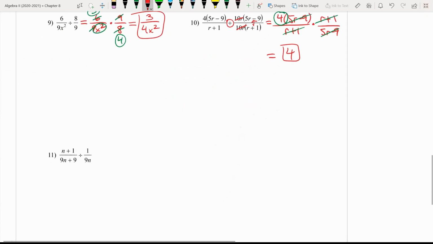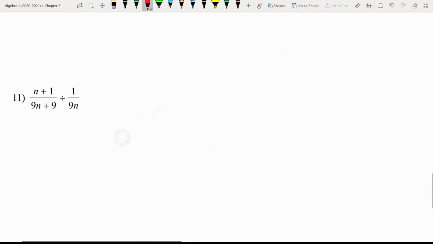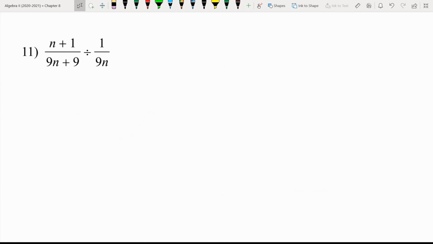And one more left here to take a look at. So this one, there is a little bit of factoring you can do, but I do have division going on, so I'm going to have to flip that second fraction there and multiply by it. I notice also on the bottom here I can factor a 9 off of the 9n plus 9. So this is 9 times n plus 1.